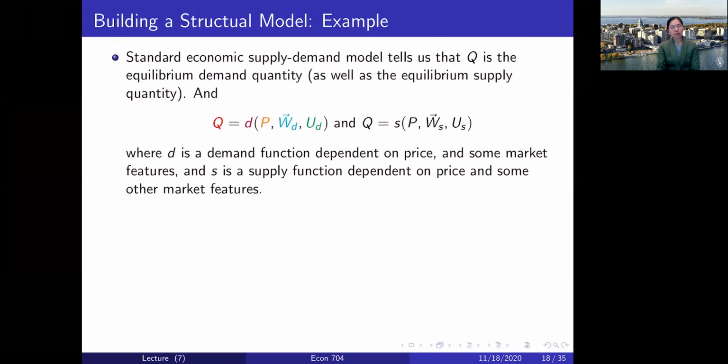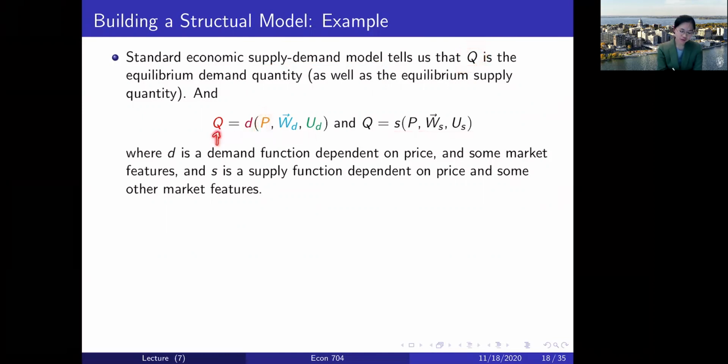Now, to build a causal model where we can study that causal effect, we can start with the standard economic supply-demand model. The standard supply-demand model, as you may have learned in Econ 101 or Intermediate Micro, tells us that in a market, there are buyers and sellers. The sales quantity and the price are simultaneously determined by the demand and the supply.